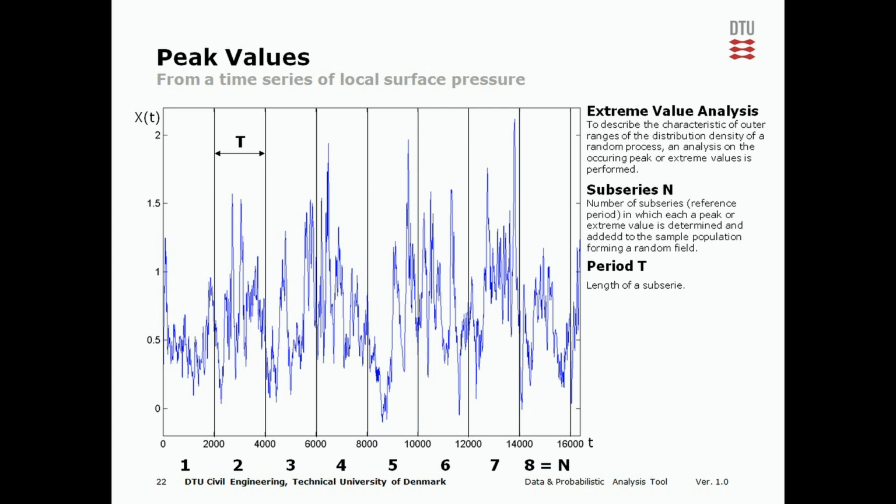Now we have the different time series and assume they are of suitable length, so we can identify within each individual time series an individual peak. These values are collected in a sample population, a sample space, which is used for further analysis of the extreme values.